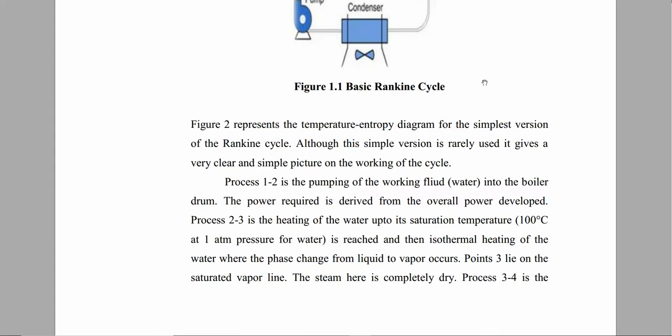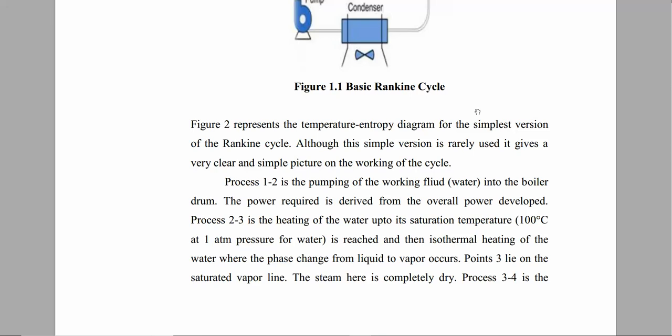By this process, in process 1 to 2, a pump feeds the working fluid, water, into the boiler drum; the power required is derived from the overall power developed. Process 2 to 3 is the heating of the water up to its saturation temperature, that is 100 degrees Celsius at 1 atm pressure for water.